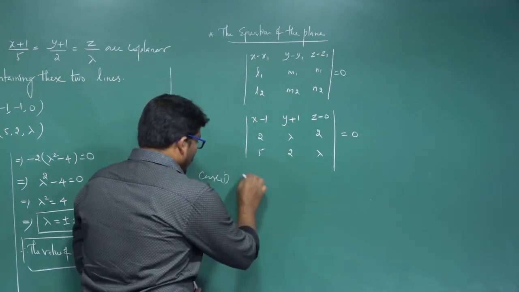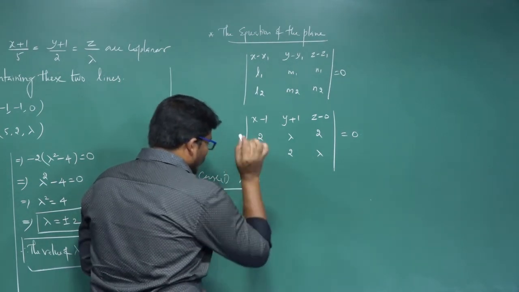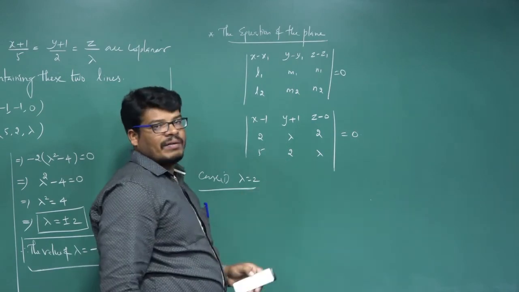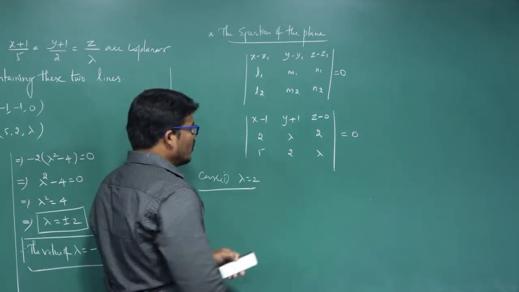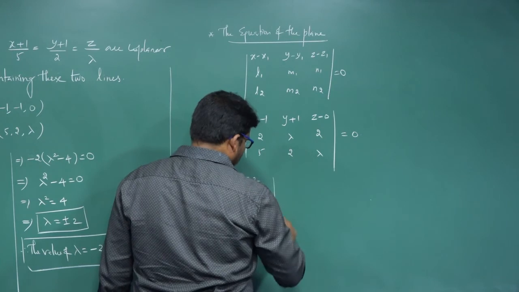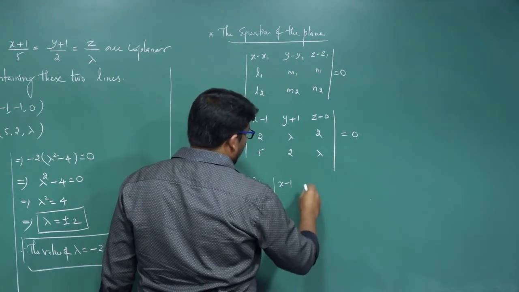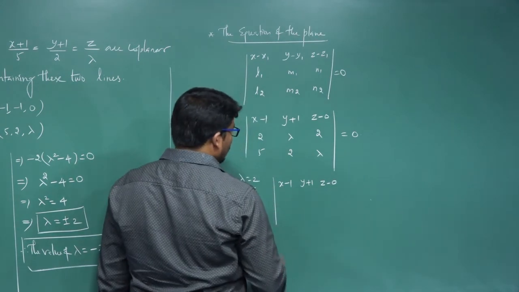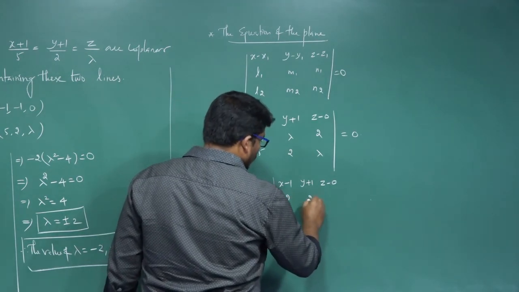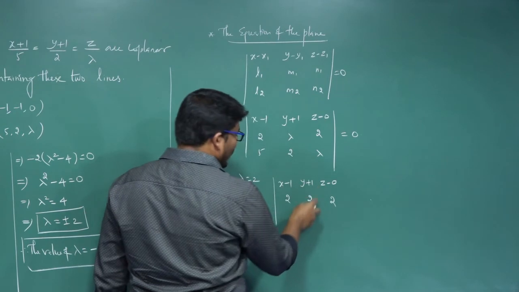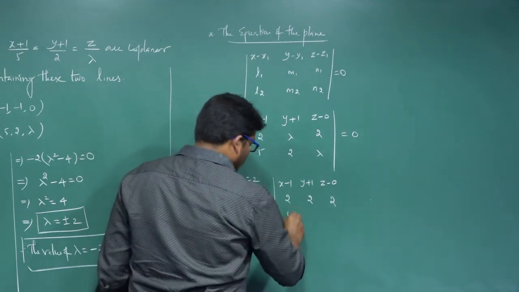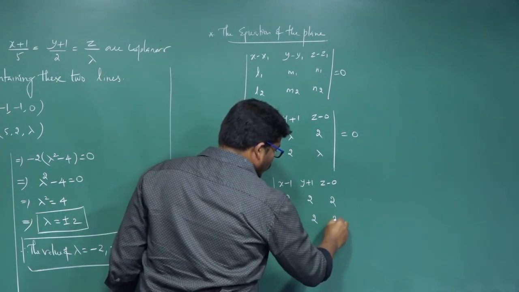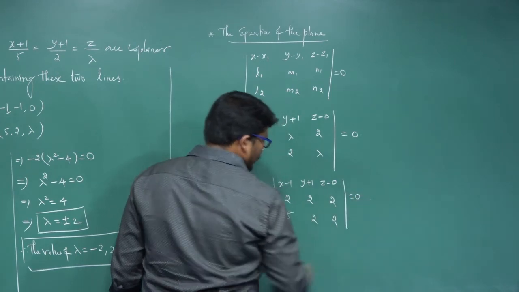First case, put lambda equal to 2 to get the equation of the plane. Substituting into the determinant: x minus 1, y plus 1, z minus 0; 2, 2, 2; 5, 2, 2 equal to 0.